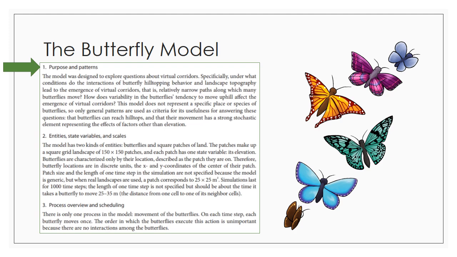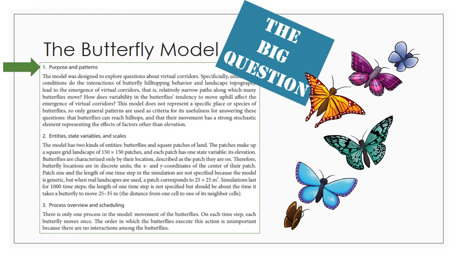More specifically, the big question that they're pursuing is butterfly hilltopping behavior and how does it lead to the emergence of virtual corridors. So the big question belongs in the purpose and the pattern section because that is the problem statement that the model intends to answer.